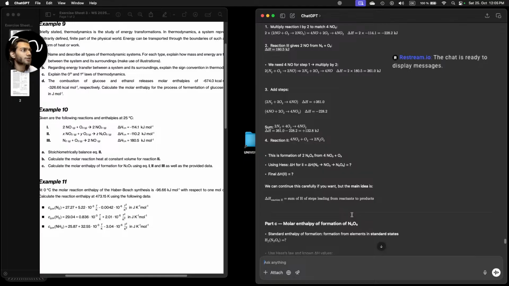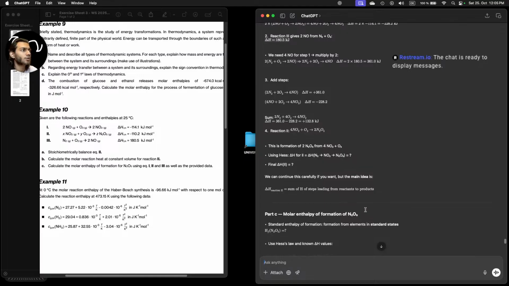Molar enthalpy of reaction, molar enthalpy of formation of N2O5.